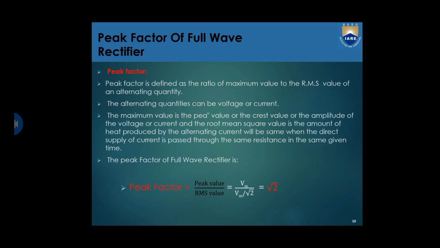For the full wave rectifier, the peak value is Vm and the RMS value is Vm by root 2. Cancelling Vm, we get root 2. This is the peak factor of the full wave rectifier, which is root 2.